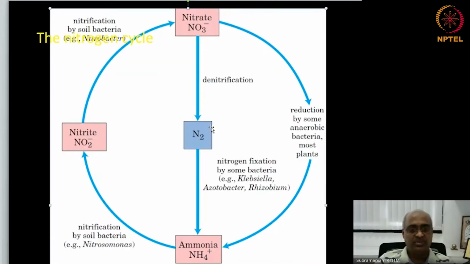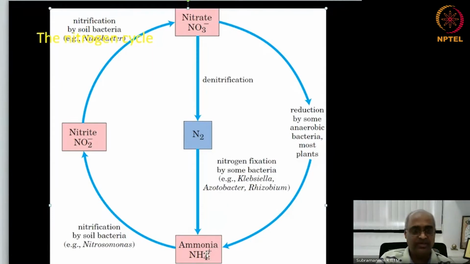So you have the nitrogen here, which is reduced to ammonia by nitrogen fixing bacteria. Most of the ones that are relevant to us are the nitrogen fixing bacteria living in the root nodules of leguminous plants. That is where we are going to spend most of our time today.